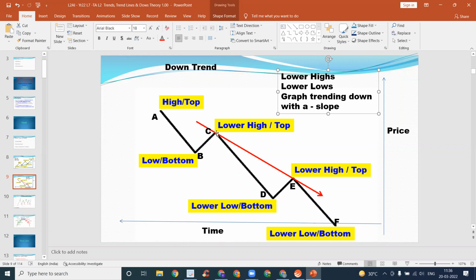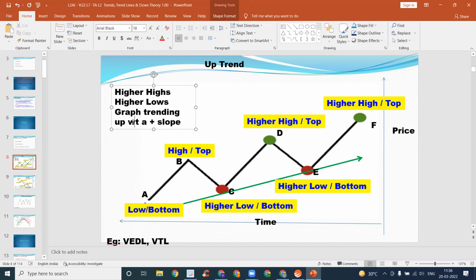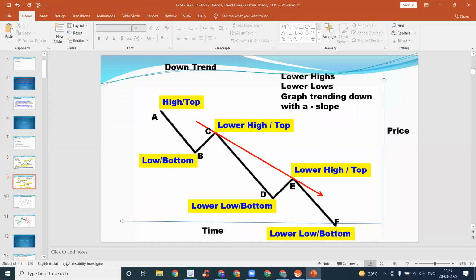I connect the point C and point E. So this is the feature of an uptrend, and this is the feature of a downtrend.